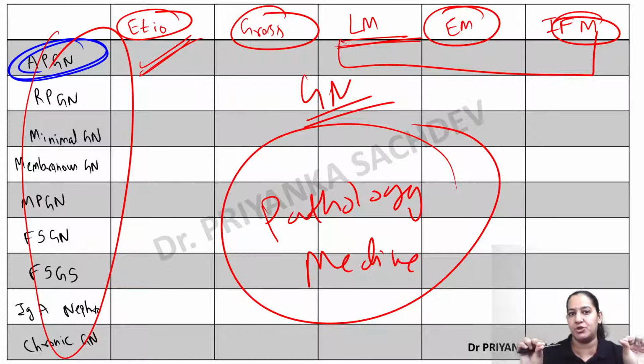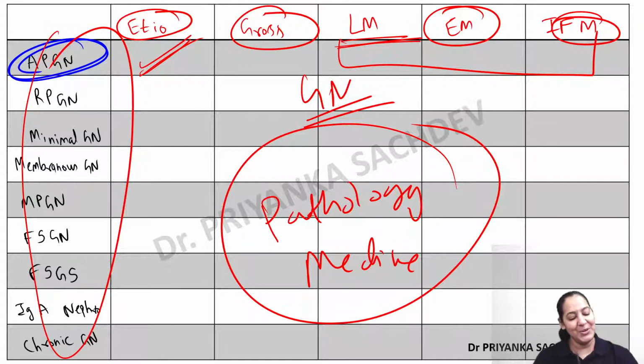That is my challenge to you. Still, you try it out. You figure it out. Still, if you find any difficulty, that, ma'am, this question doesn't fit from your notes, I have watched your lecture, still I cannot answer this question, kindly get back to me. I will help you in solving that. So I can challenge any question based on primary glomerulonephritis. You can technically solve it now if you have watched my lectures attentively.